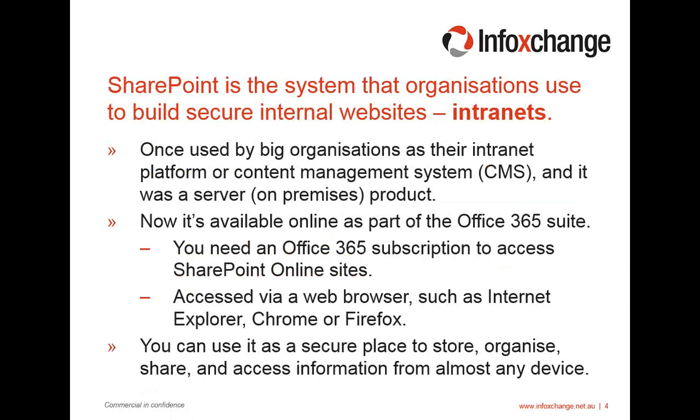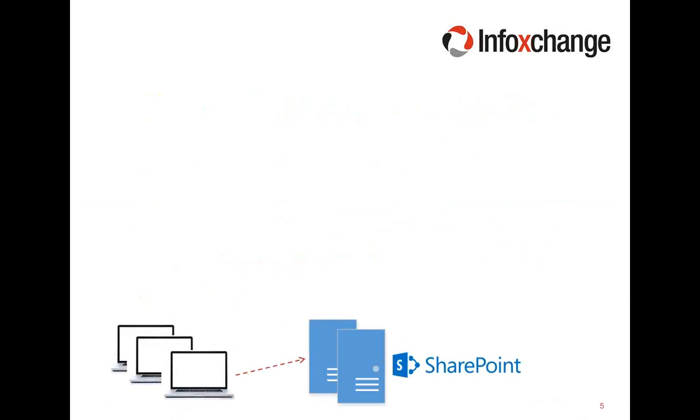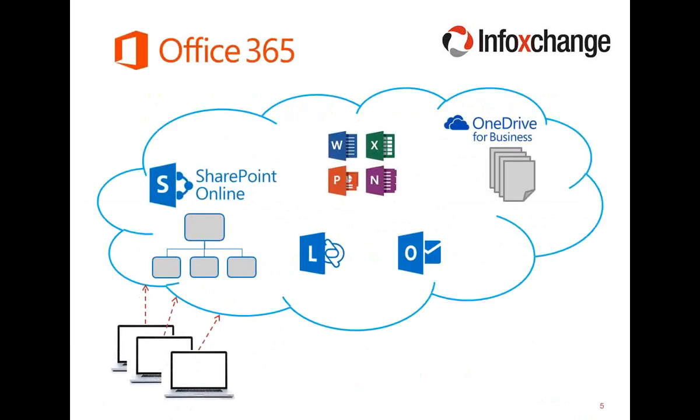So in diagram form, what once was at least a couple of servers on the premises that you had to run SharePoint on, along with all of your other IT infrastructure that you might run on on-premise servers. The Office 365 suite, which is in Microsoft's cloud, provides a range of different products that are all basically just hosted for you in the cloud, and all you need is your subscription.